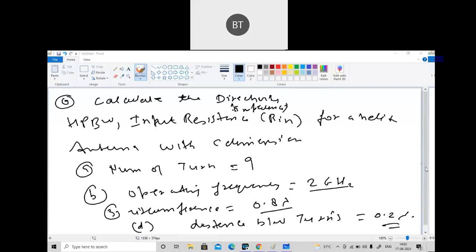Charu, what are you getting? Half power beamwidth and input impedance. Avantika, Charu, Pratibha, and Sakshi, what are you getting? Yeah, correct.